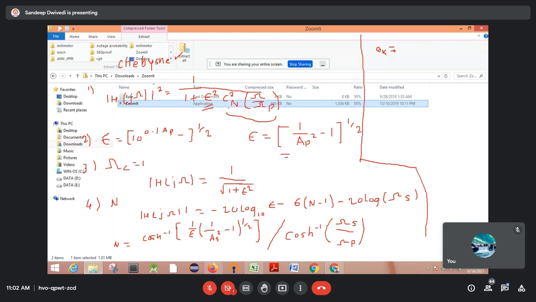So this position on the ellipse you need to find out. The formula for theta k is pi by 2 ... 2k plus 1. While solving the numerical it will be more clear.